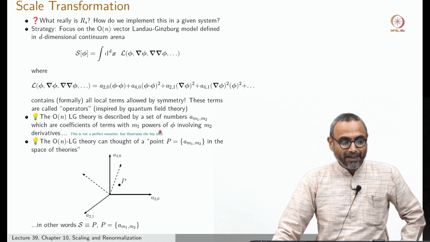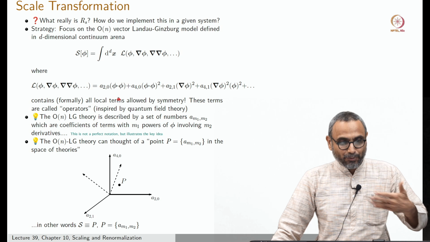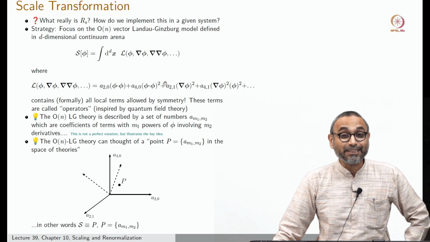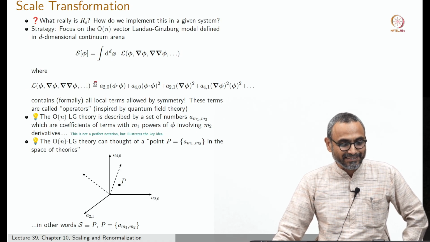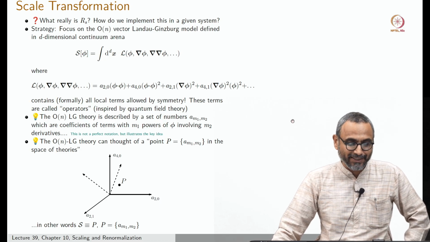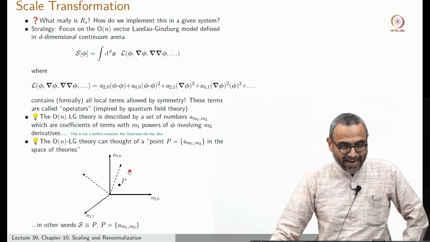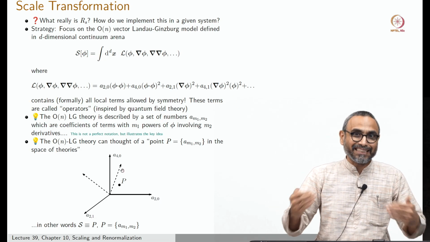Now, since we need some language that is commonly used, these kinds of terms are also called operators. So you will say that this Lagrangian is a sum of local operators. This is how people speak, especially coming from the quantum field theory side. You can also think of these numbers that multiply these operators as defining the action itself.